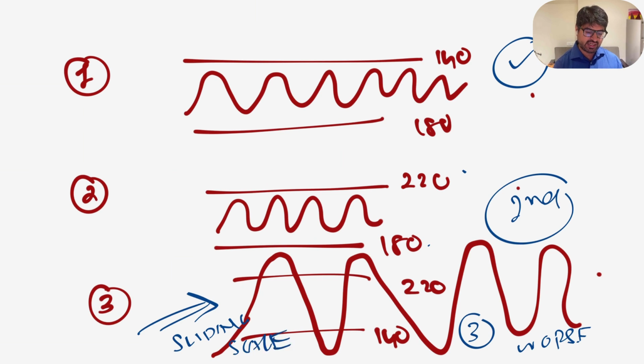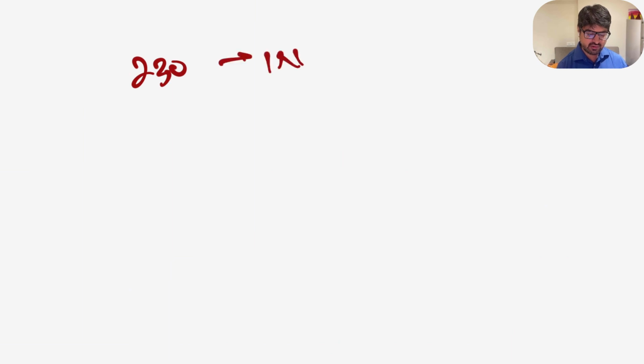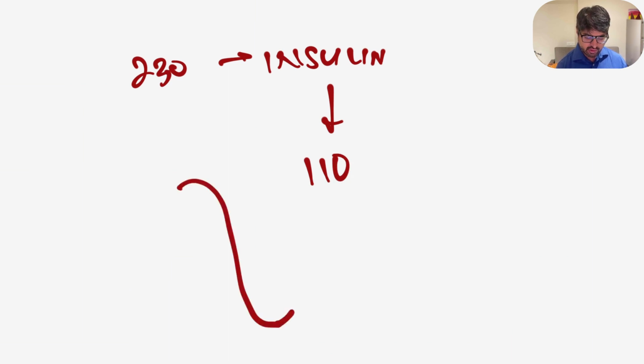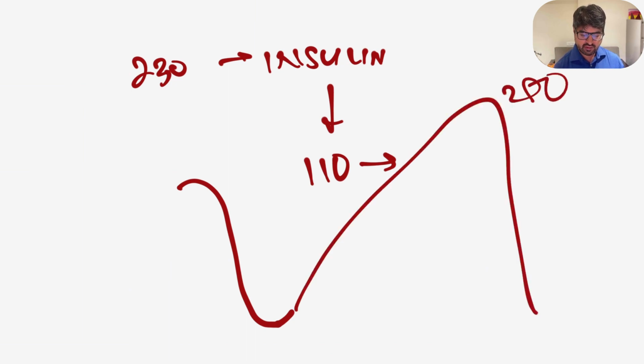So, what we are doing with sliding scale insulin is a reactive form of diabetes management. So blood sugar, let's say, goes up. Let's say blood sugar is 230. Then we give insulin. Now blood sugar goes to 110, right? So what you have done, 230 for 110. Now, you do nothing because it's 110, you don't give any insulin, sugar goes up again to, let's say, 250, right?